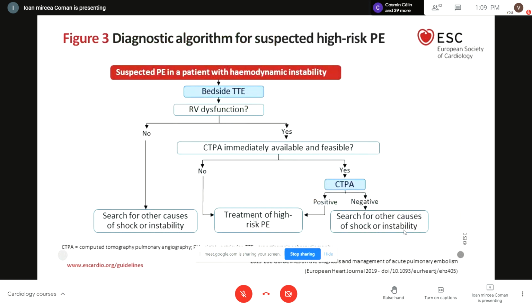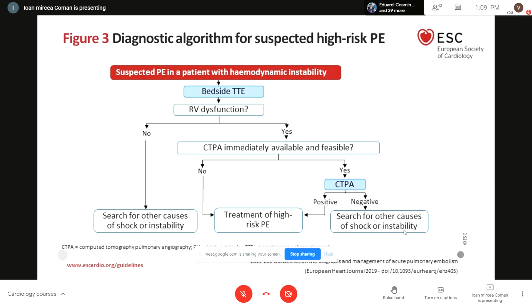So the diagnostic algorithm for a suspected high-risk pulmonary embolism will be making immediately an echography, which is cheap and available. Yes, a bedside transthoracic echography. If we see the signs of high pulmonary pressure and right ventricular dysfunction, then yes, this is important.